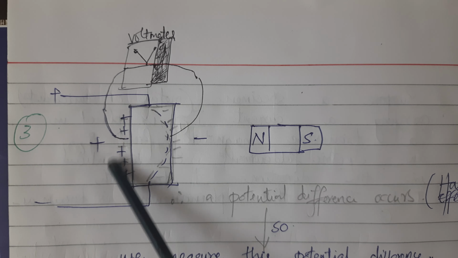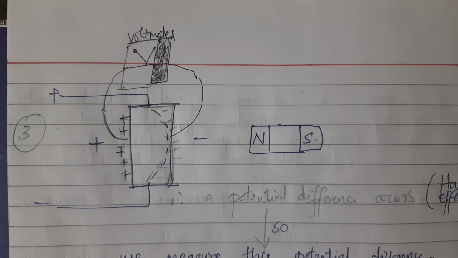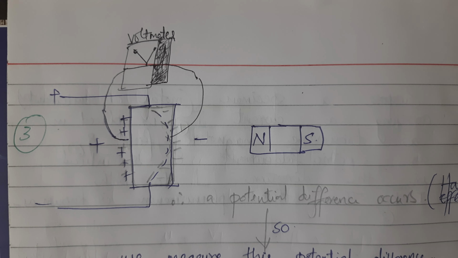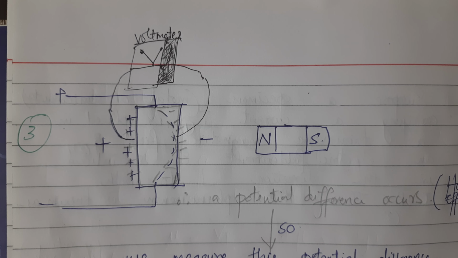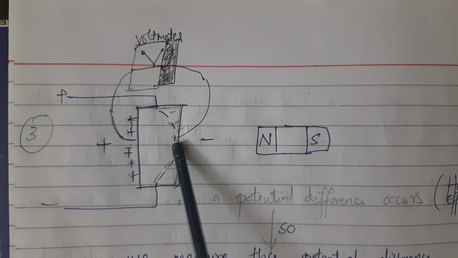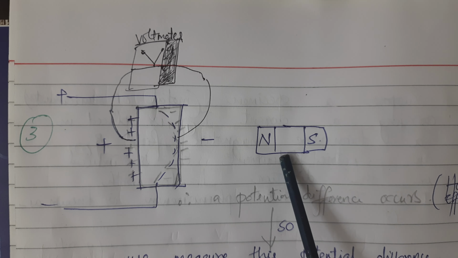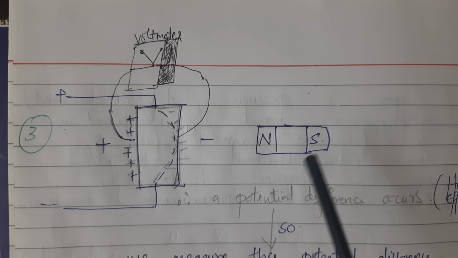So this phenomenon is that when a conductor is carrying a current I, that is electron flow, and is placed in a magnetic field, there will be an electric field induced in a direction perpendicular to both the direction of the current and the magnetic field.